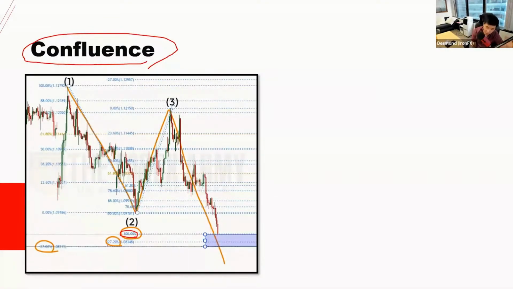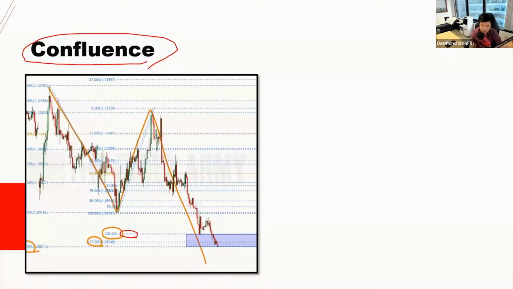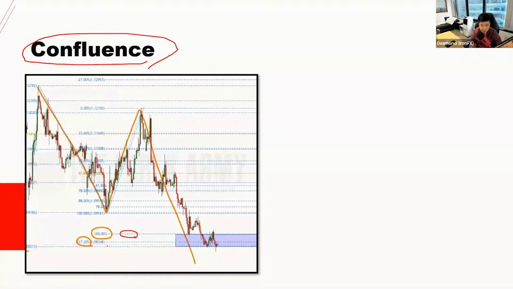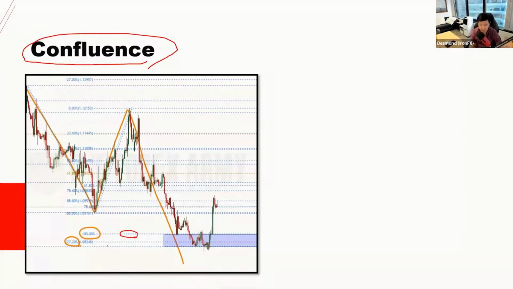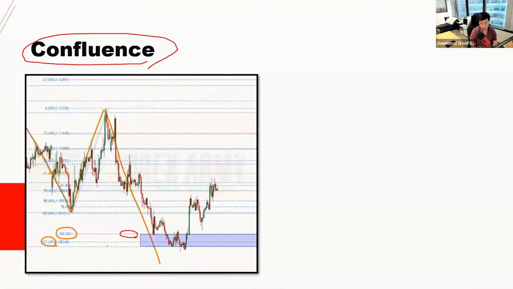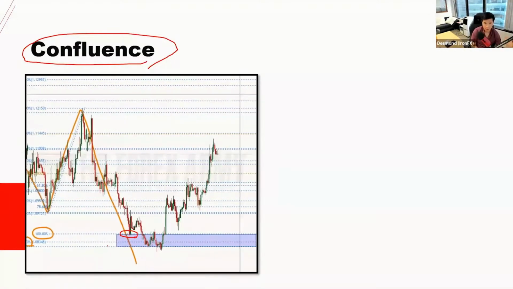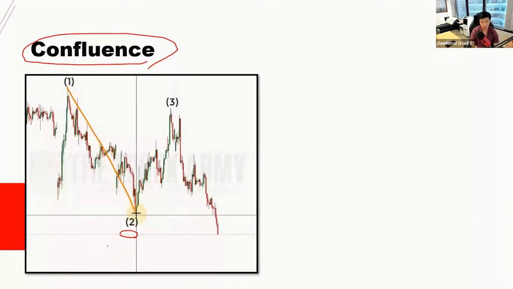This is the meaning of confluence. You line all of them up together and it creates a nice area. When price tests that area, it tends to reverse very nicely, because you have not only one but two and three reasons why price might bounce from that level.